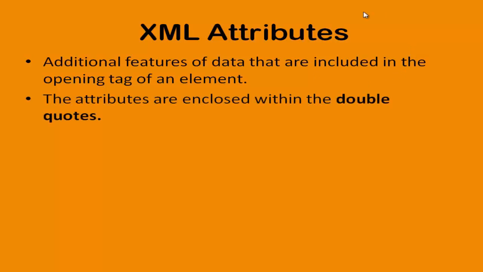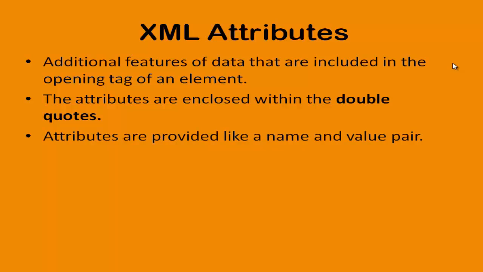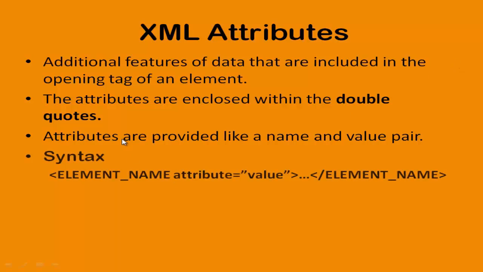The attributes must be enclosed within the double quotes, as we have discussed earlier. Attributes are provided like a name and value pair. It means that when you provide a particular attribute, it comes with a name equals some value, just like our HTML. Just the following syntax. As you can notice, this is our element name, space, my attribute, this is the name value pair.